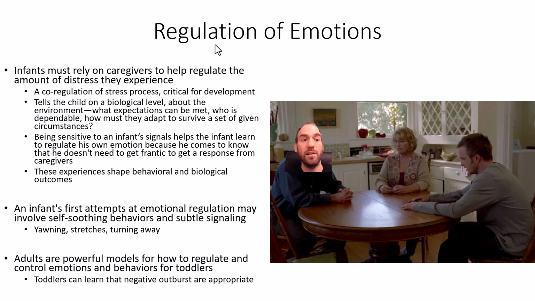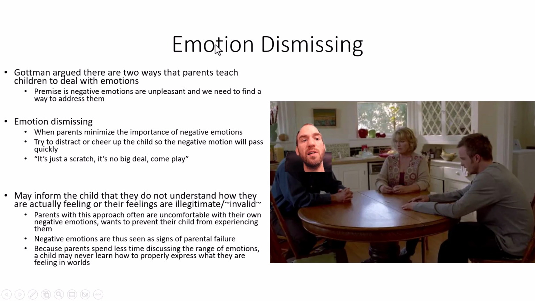Emotion dismissing. Gottman, a famous psychologist, argued that there are two ways that parents teach children to deal with emotions. The premise is that negative emotions are unpleasant and we need to find a way to address them. Emotion dismissing: when parents minimize the importance of negative emotions, they try to distract or cheer up the child so the negative emotion will pass quickly, such as, it's just a scratch, it's no big deal, come play.